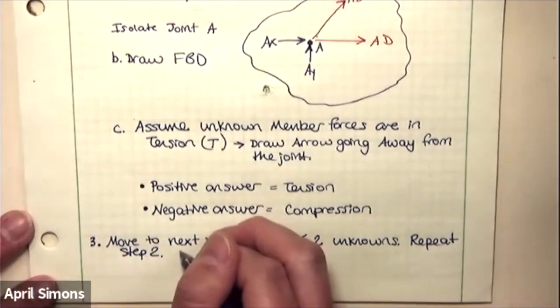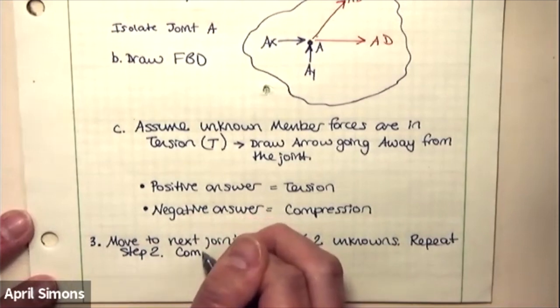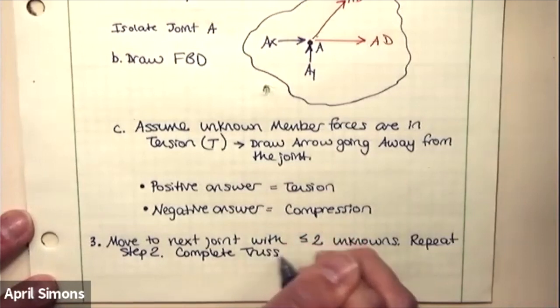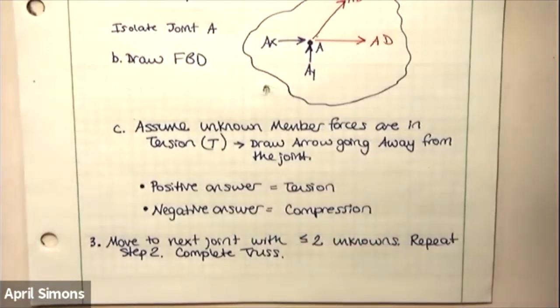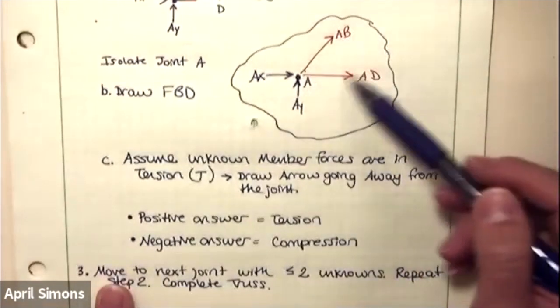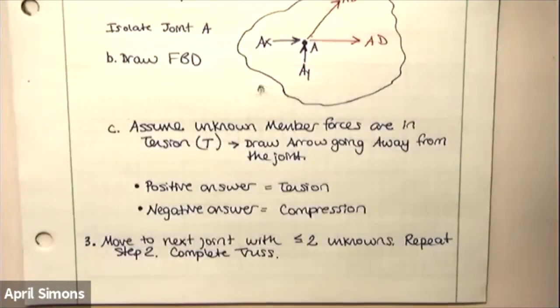We want to keep doing this until the truss is completely solved, unless you're specifically asked, for example, what are the forces in AD and AB here. If we're looking to solve for the entire truss, we just want to keep doing this process until we've solved for each of the member forces.